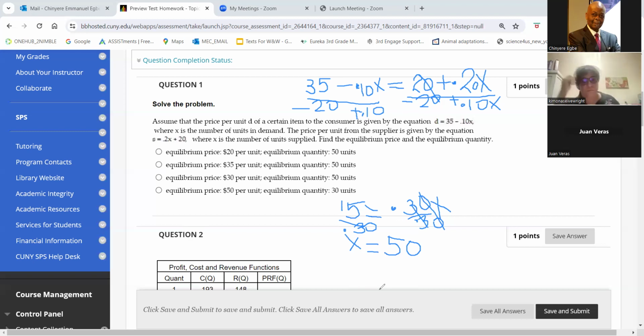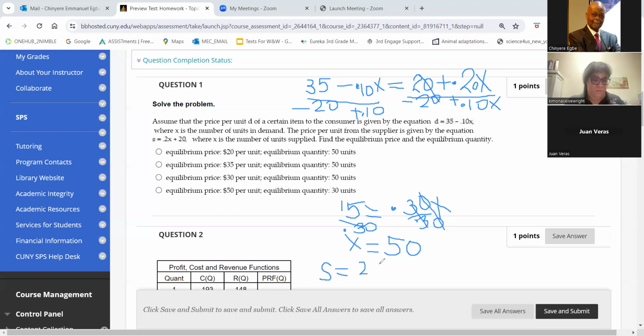So it says the supply is 0.2x plus 20. And so suppose then S, when x is 50, 0.2x times 50, 0.2 times 50 is what? 20. 0.2 times 50 is 20, am I correct?